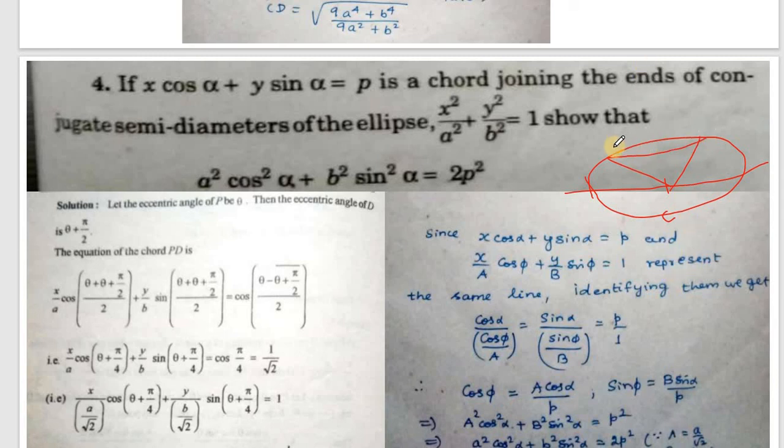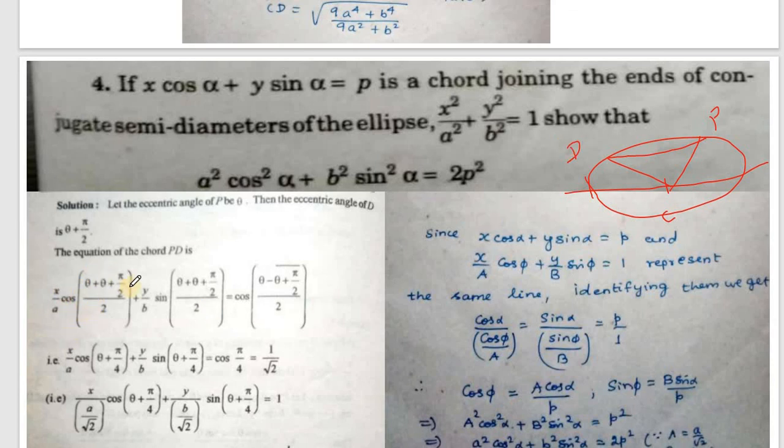Suppose I take them as, say, P and D, then we can easily write out the equation of PD, which is done already. So this is P of theta, means this is D of 90 plus theta.